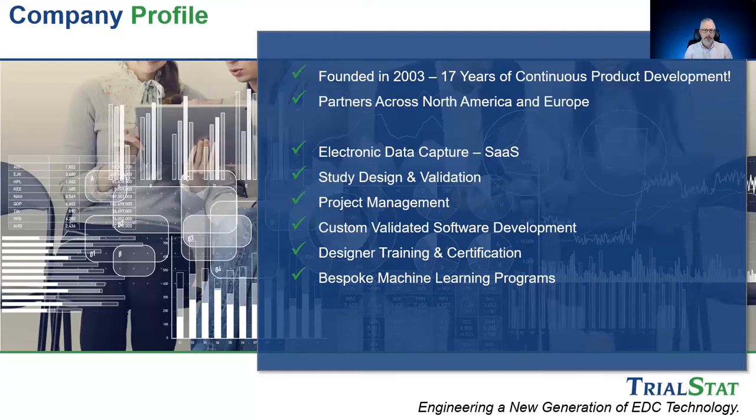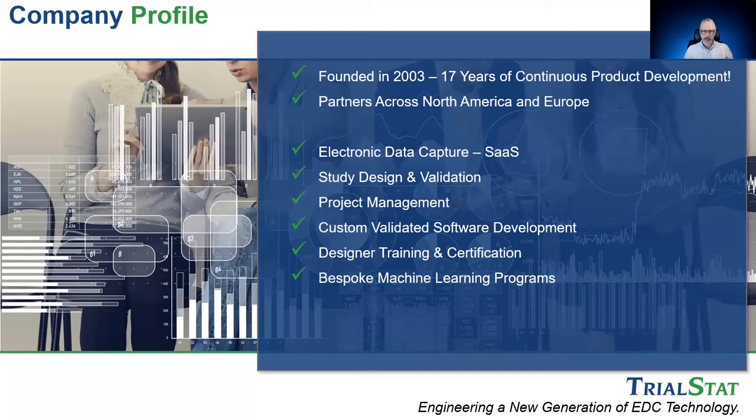And we also run bespoke machine learning programs in our data center, and I will talk a little bit about that later on. What I want to leave you with from this slide, though, is that TrialStat is unlike any other EDC platform on the market today. Most EDC systems are designed for small phase 1 studies or complex phase 3 oncology pivotal trials or something like that.